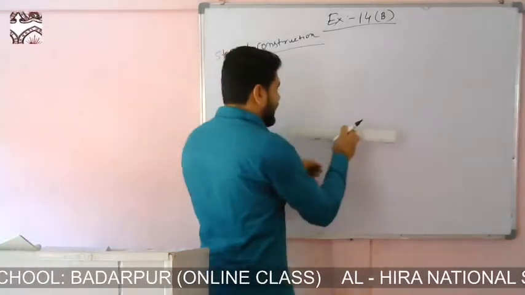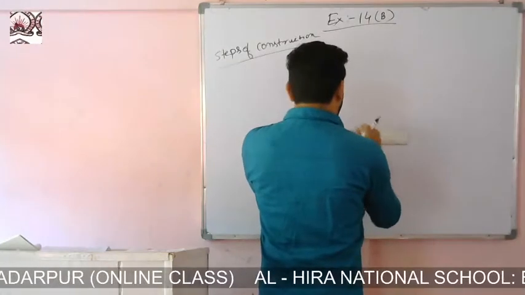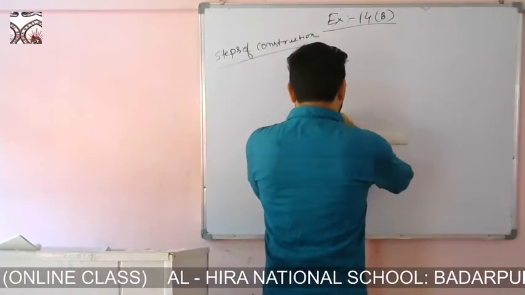Suppose for this scale, this line is the AB.